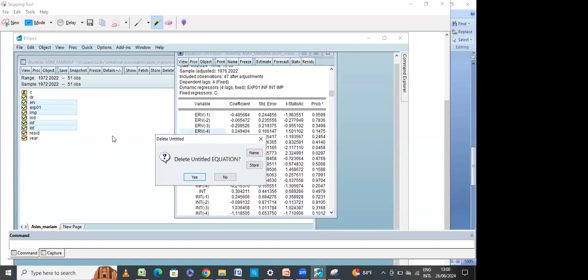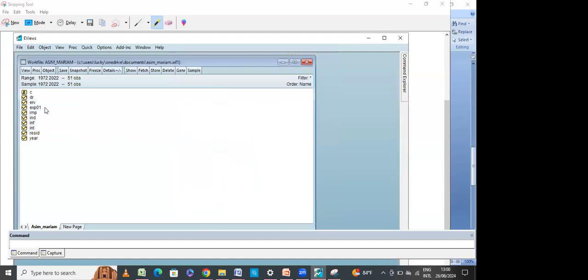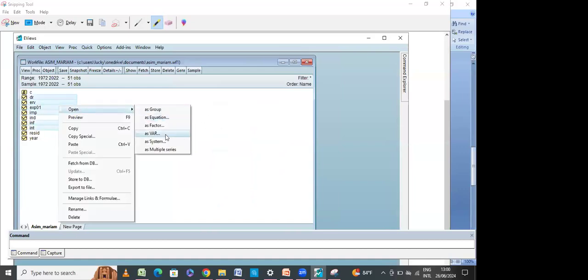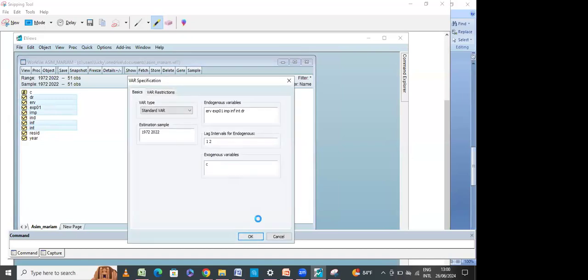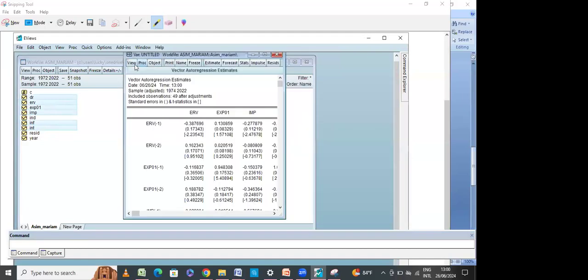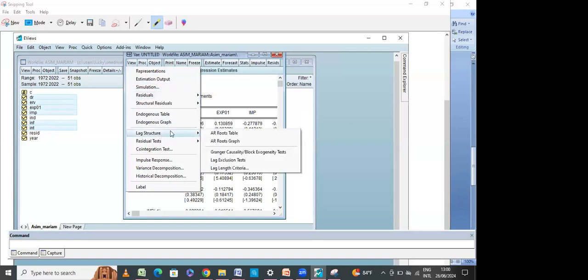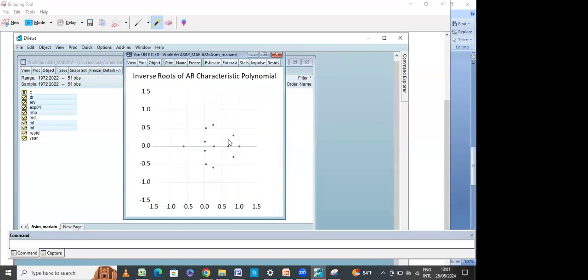And if we want to check which kind of lags are appropriate for us, we can go for the VAR. Here I simply run the VAR lag selection, and here the AR graph.